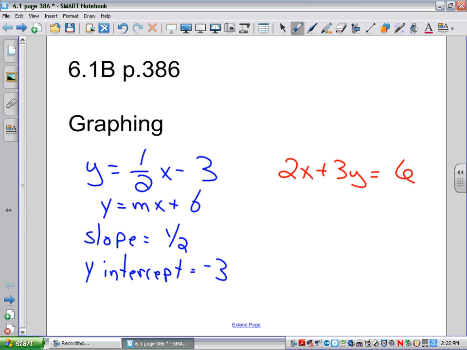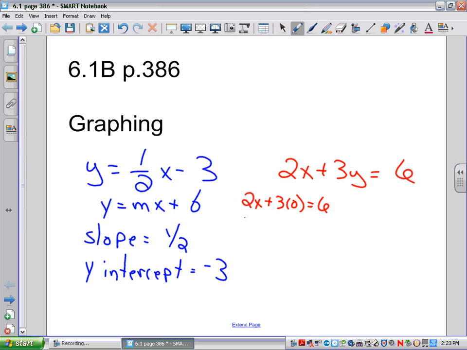Well, the next one in red is not in that form. And this is where we find the intercepts. Remember, you have two intercepts. You have an x-intercept and a y-intercept. To find the x-intercept, we put a 0 in place of the y. So we go 2x plus 3 times 0 is 6.